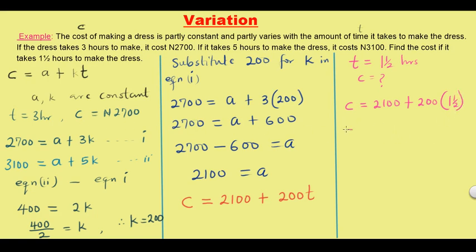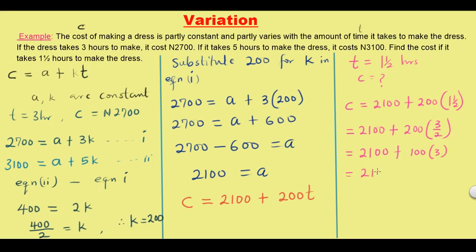So when we do that, we are going to have 2,100 plus 200. This 1 whole number 1 over 2, we can turn it to an improper fraction. That will be 2 multiplied by 1, that's 2, plus 1, that's 3 over 2. And then it can become 2100 plus, when we multiply 200 with 3 over 2, we have 100 multiplied by 3.